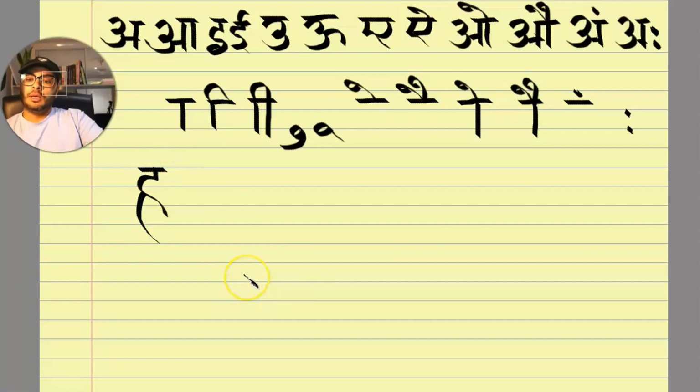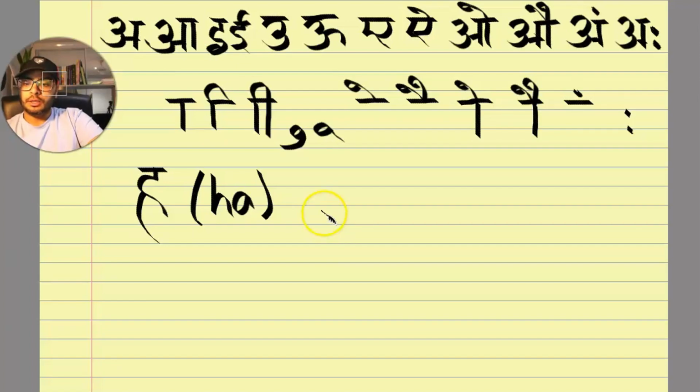The IAST for this ha sound would be H and A, and the English equivalent sound for ha would be something like honey.